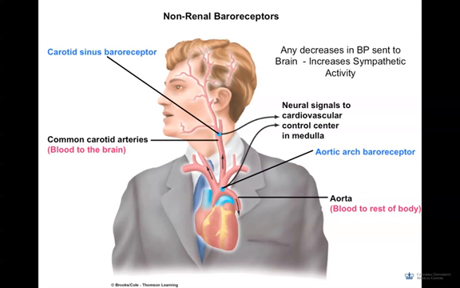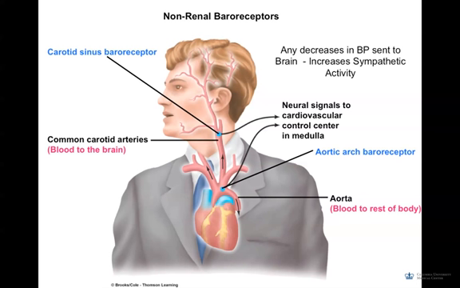So we've been talking about a drop in blood pressure. When blood pressure drops, the carotid and aortic arch baroreceptors sense the onset of that drop. So it senses the drop when it first happens.